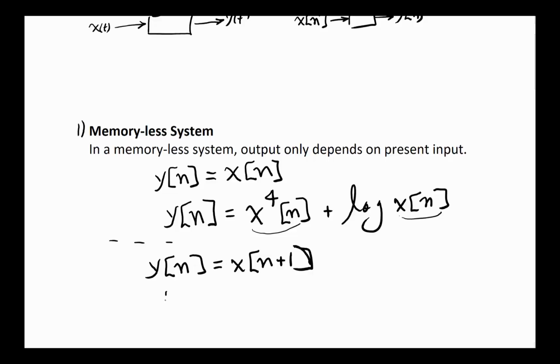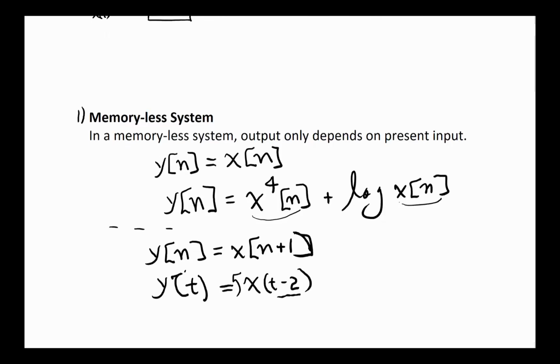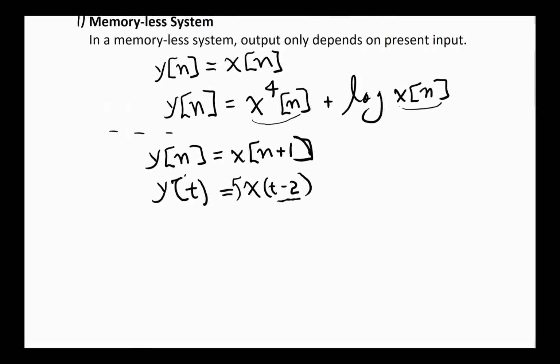Or we could do a continuous time one. So how about this one? This is, of course, a memoried system also because it depends on past input. So you always go back to the definition.